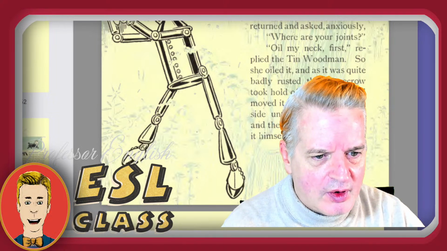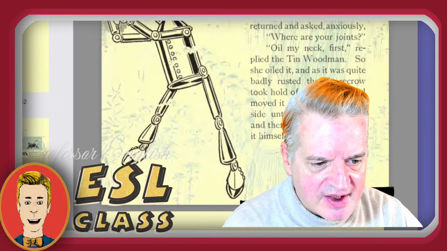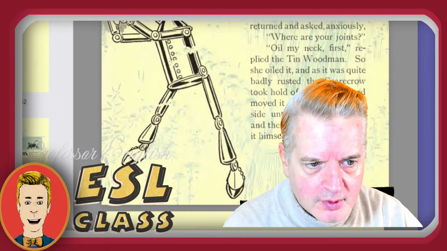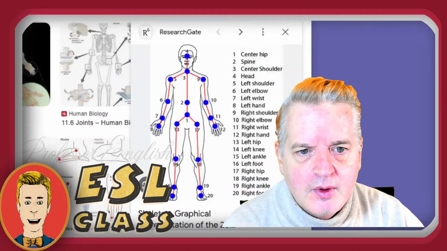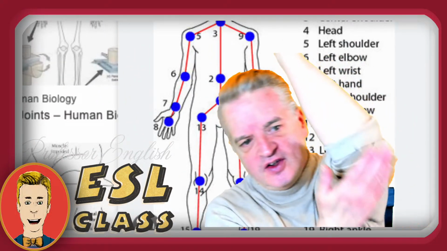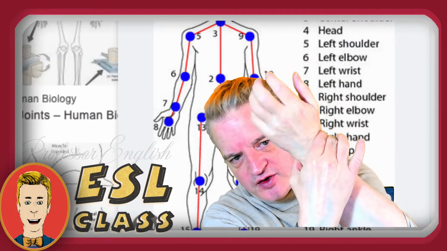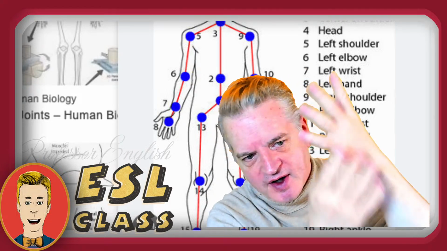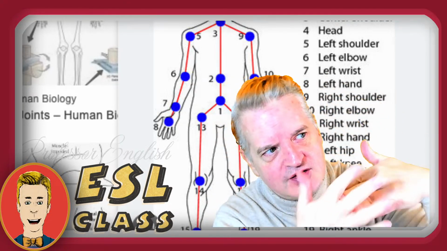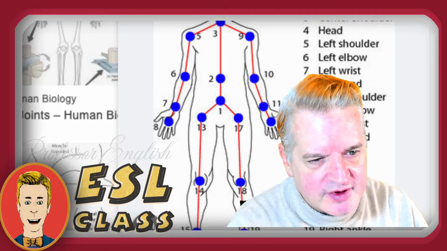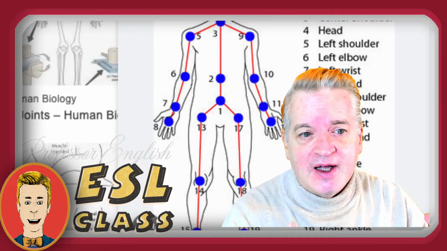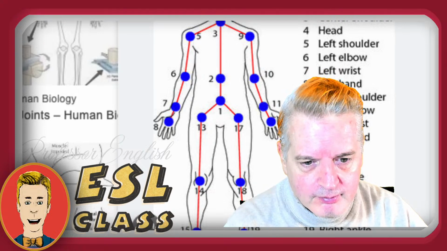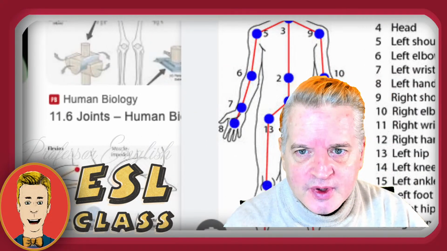Joints are all the places where things are connected on the body. See all the joints? This is a joint. This is a joint. You get the idea. It's the place where things are connected. Those are joints. And the Tin Man is saying, "Oil my joints. Put oil in my joints."